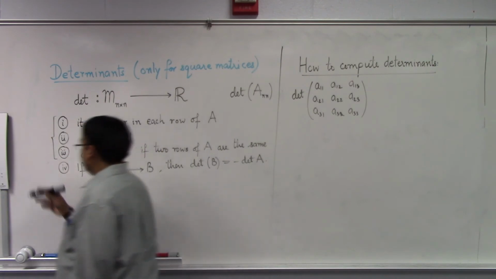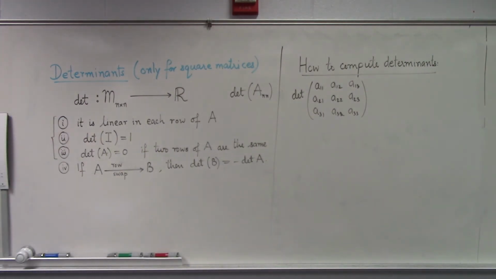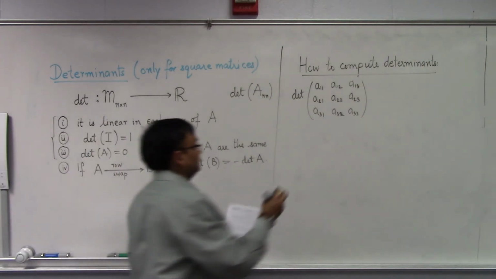then again I want my function to satisfy all these three properties. After a lot of manipulation, you can convince yourself that the form would look something like this.